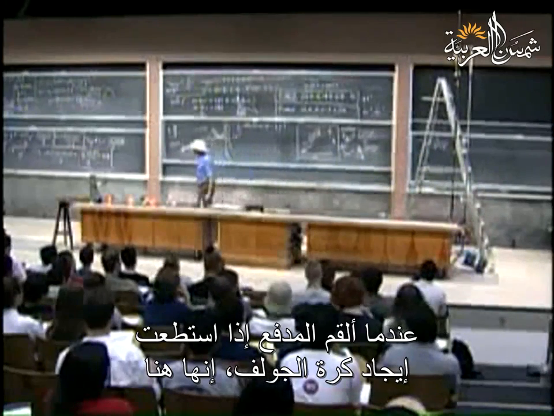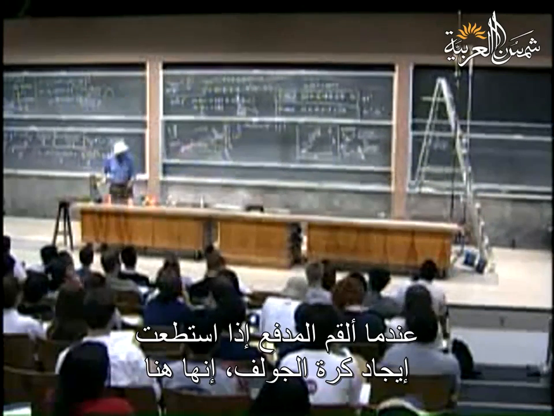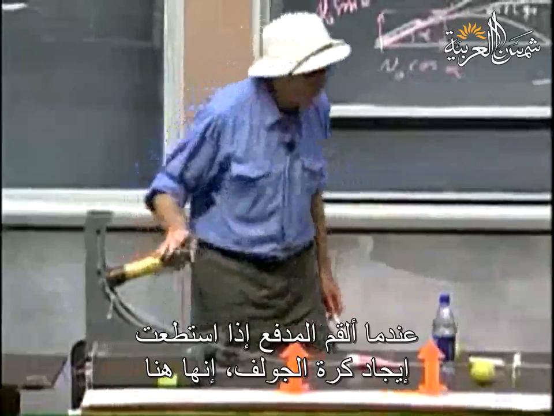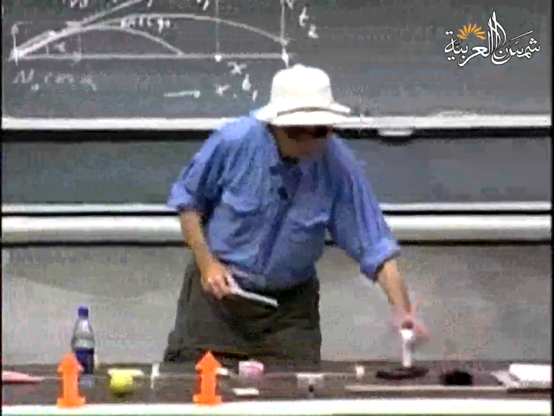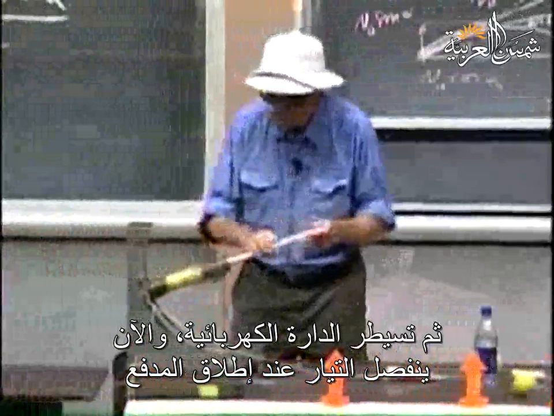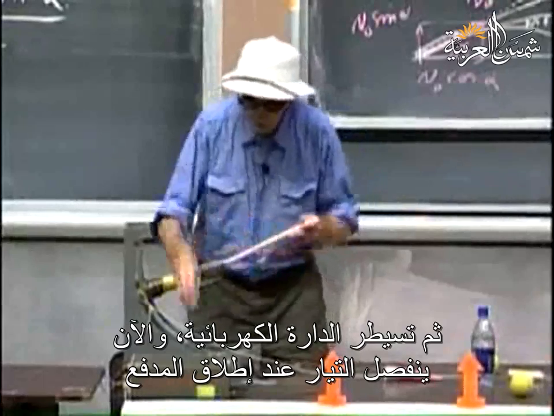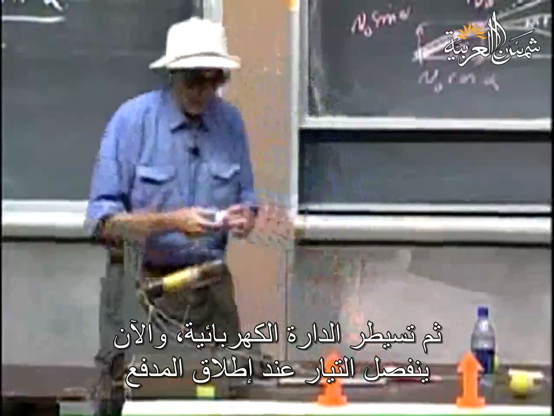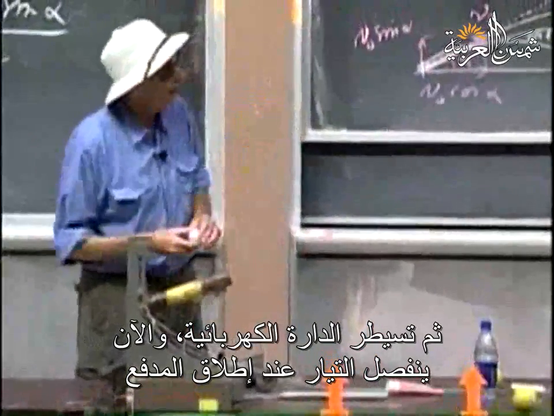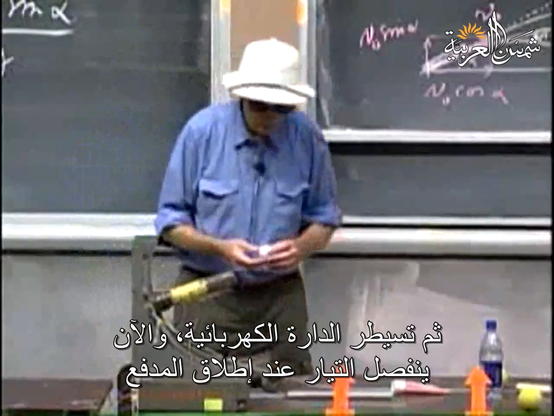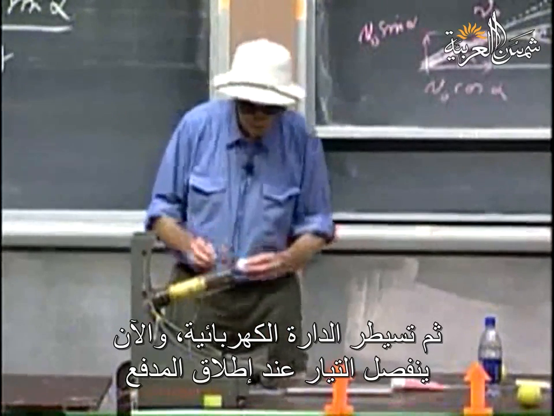When I cock the gun, if I can find the golf ball, it's here, then the electric circuit takes over, and now the current will be disconnected when the gun is fired.